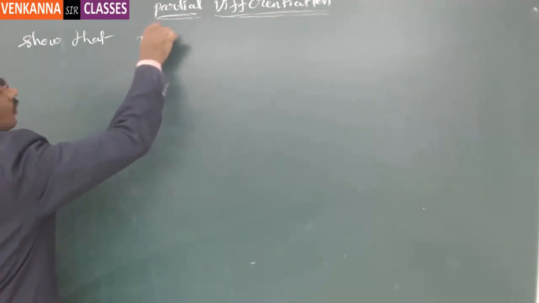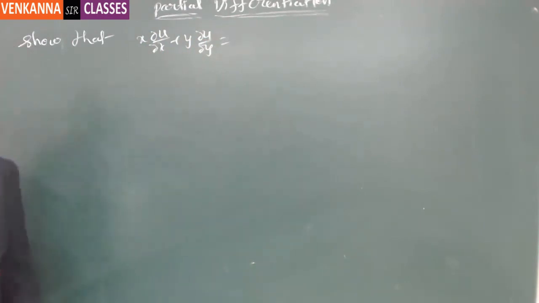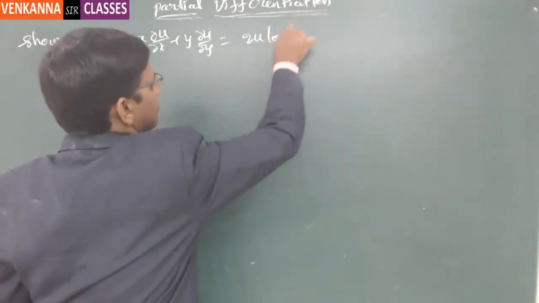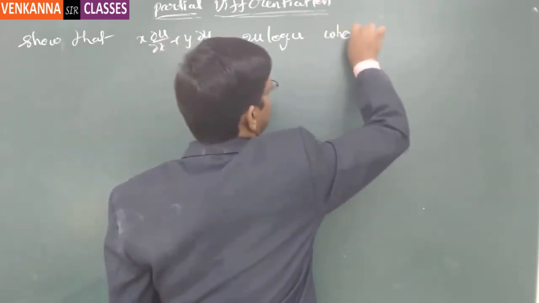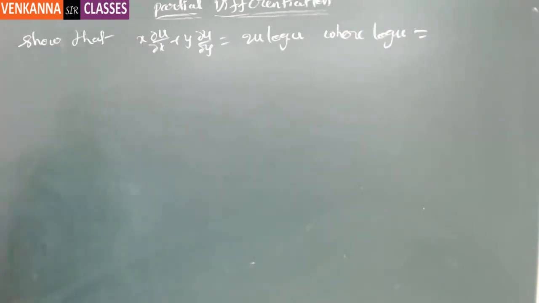Note down one problem. x ∂u/∂x plus y ∂u/∂y equal to 2u log u, where log u equal to (x³ plus y³) divided by (3x plus 4y).